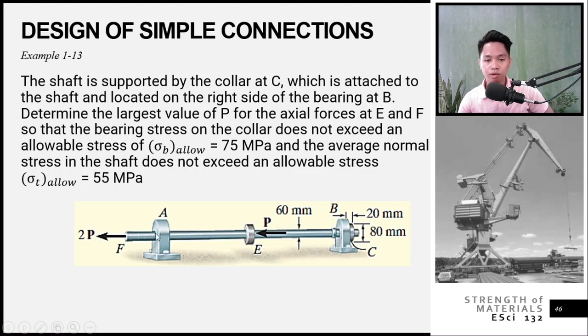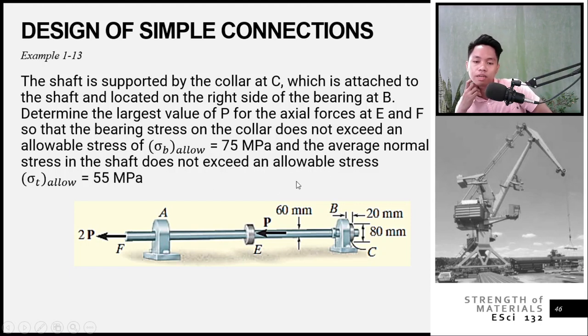Which is attached to the shaft and located at bearing B. Determine the largest value of P for the axial forces at E and F. Alright? Nag-apply ta diri og P. Dapat nag-apply po diri og 2P, so that the bearing stress on the collar does not exceed an allowable stress of 75 MPa, and the average normal stress on the shaft does not exceed an allowable stress.